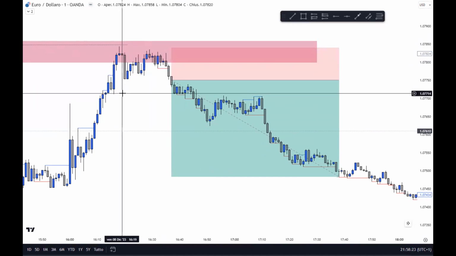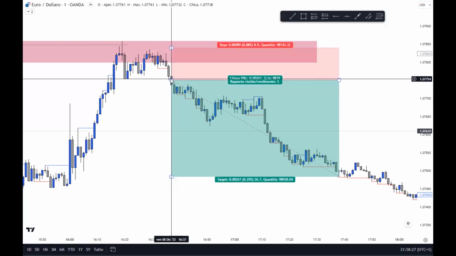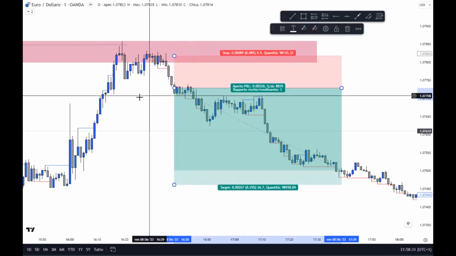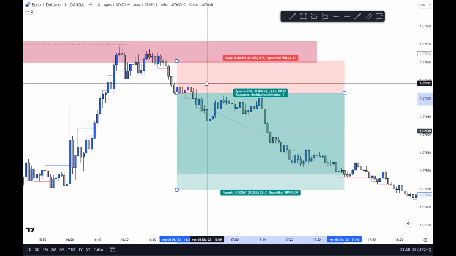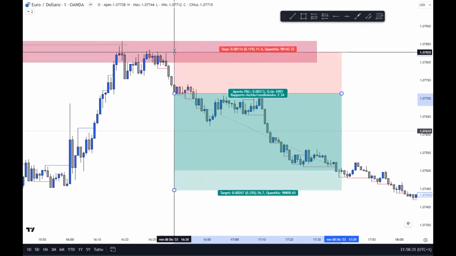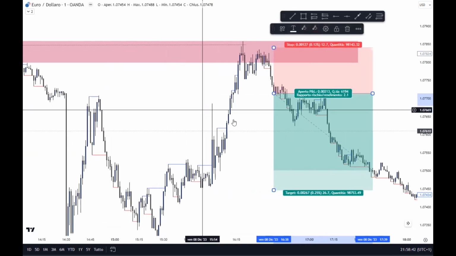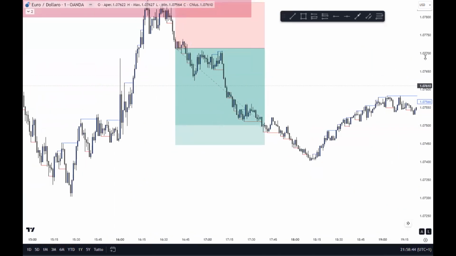It should be down here, right? So I should enter somewhere here. Break of structure down here, my entry is here, my stop loss some pipettes above the previous low.